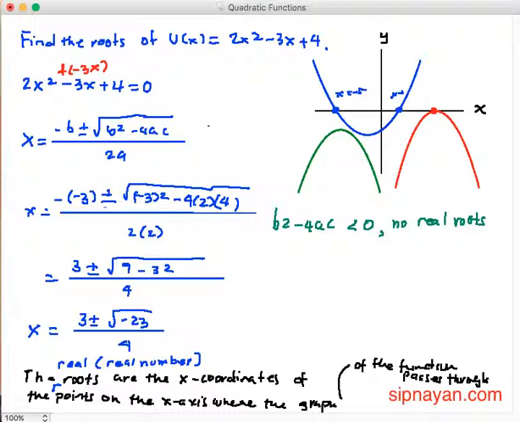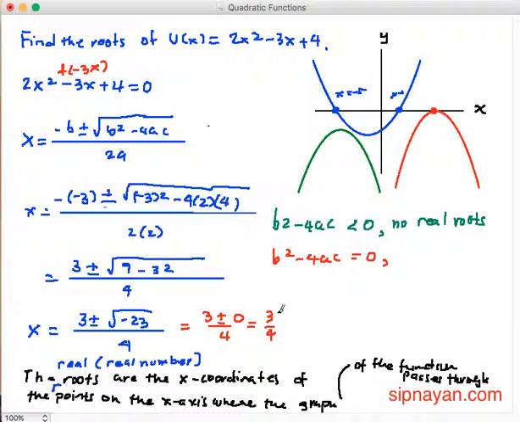Now, what happens when it is equal to 0? We already have less than 0. Let's look at b squared minus 4ac equal to 0. When this becomes 0, what happens to what is inside? It becomes 3 plus or minus 0 over 4, which is equal to 3/4. So our x equals 3/4, meaning it has only one real root, only one real number.